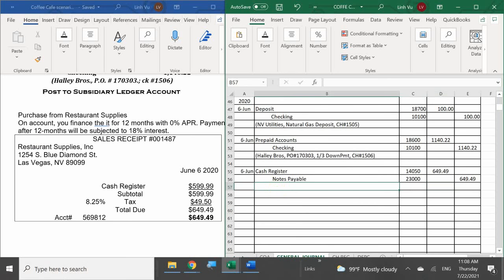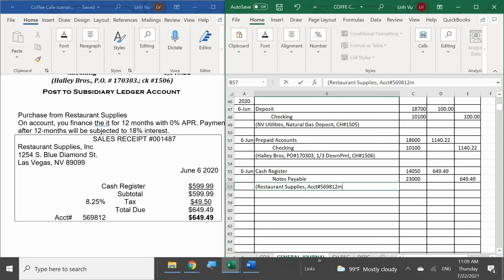So again, this is restaurant supplies. My account number is 569812.